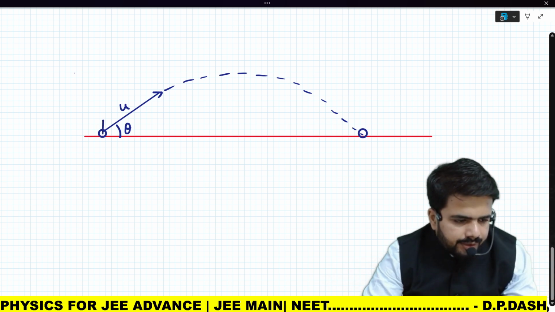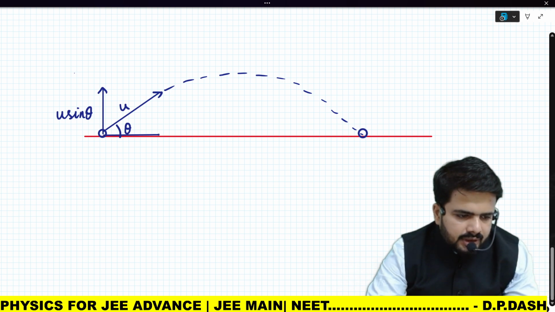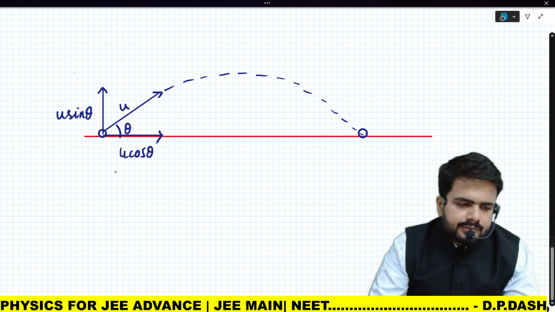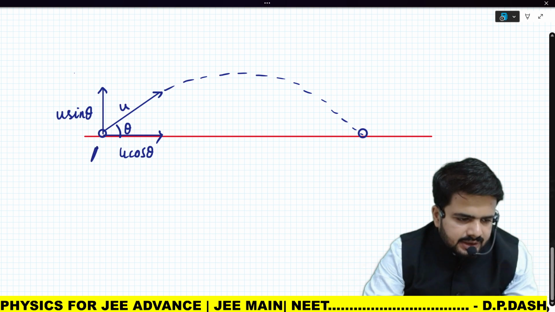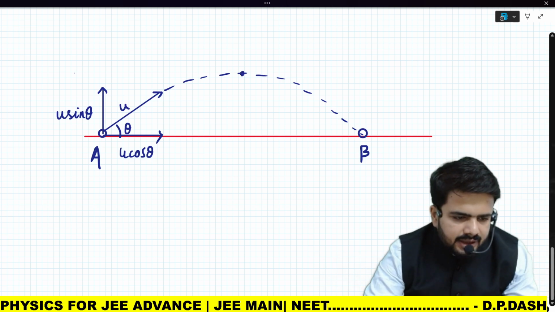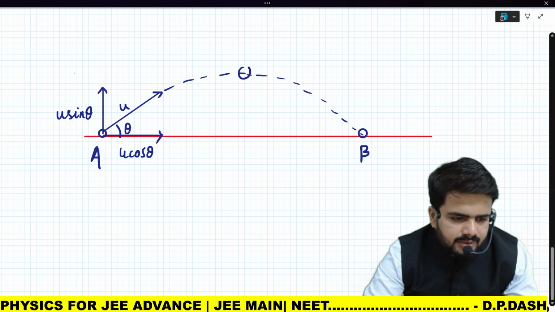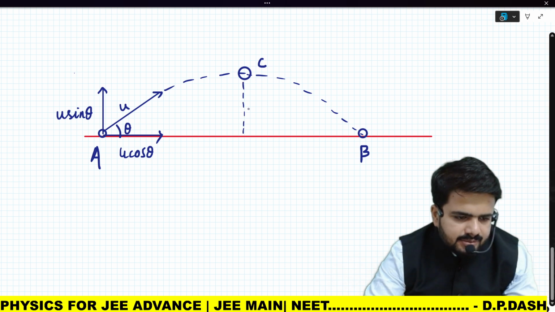I already told you about this. This is your initial velocity along vertical, u sin theta, which you all know, and along this we have u cos theta. Let us consider this point as A, this as point B, and the maximum height point here as point C. This is your H max point.